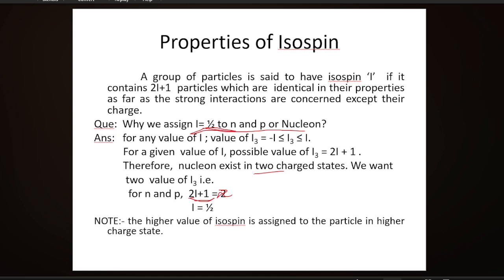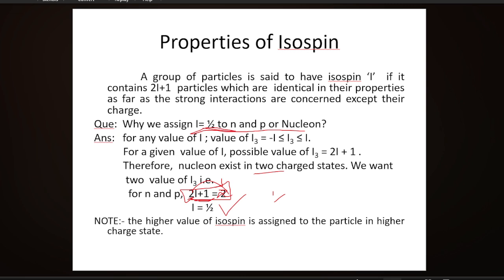We have to find out the value of I. Here plus 1 on this side goes as minus 1. Here we have 1, then divide by 2, we get 1 by 2. From this equation we find the value of I, which comes out to be half.